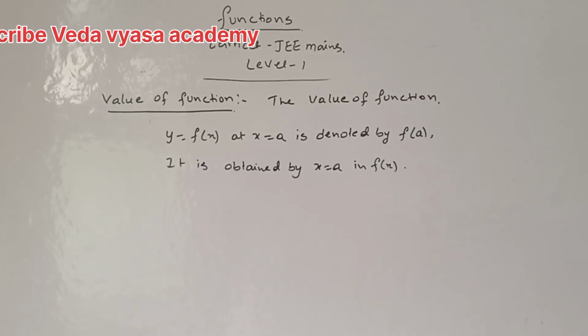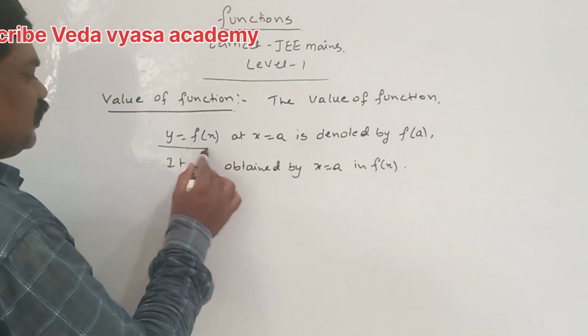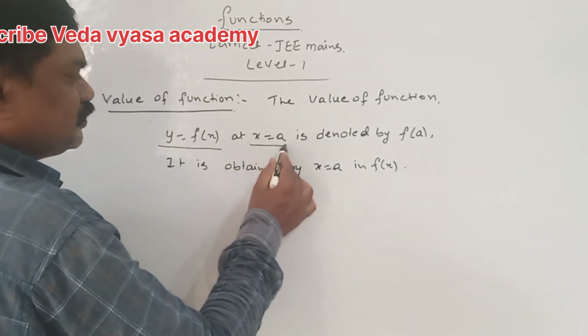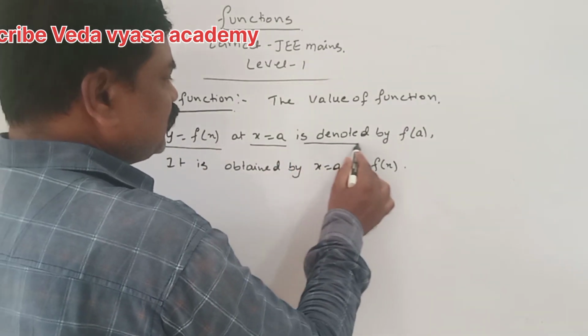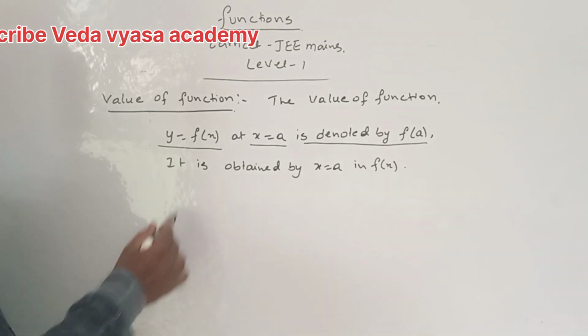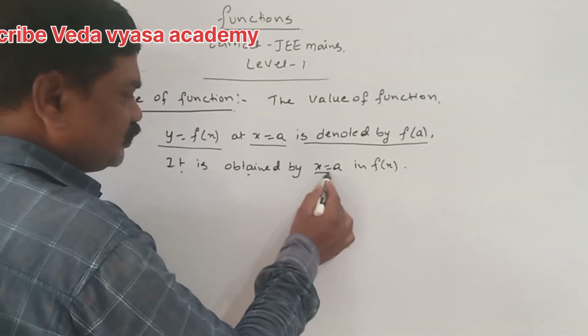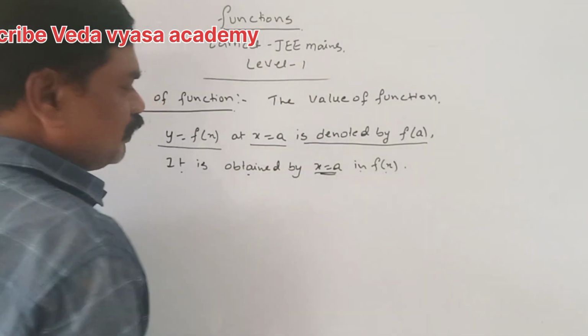Value of the function: the value of the function y is equal to f of x at x is equal to a is denoted by f of a. It is obtained by substituting x is equal to a in f of x.